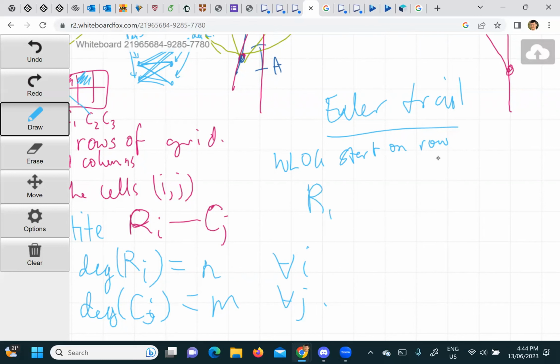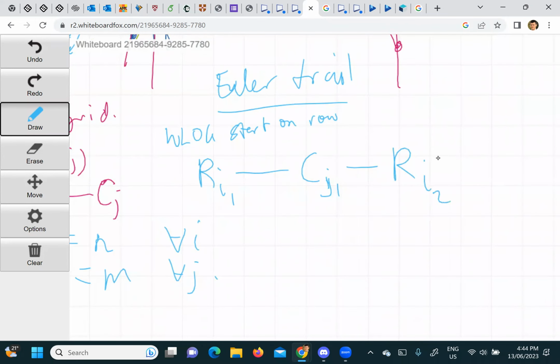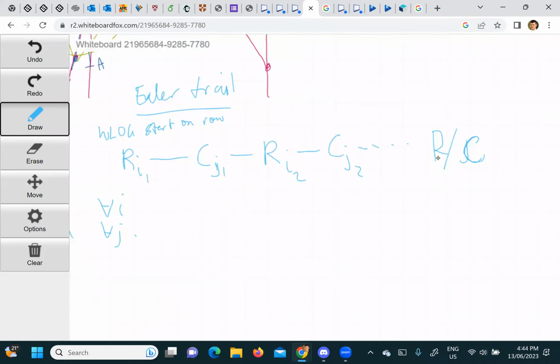So it could start at row I1, then go to column J1, then row I2, column J2. It just keeps alternating until it gets to the end, whether that's a column or a row. But because it's Euler, it has to use all the edges, so there should be mn edges.